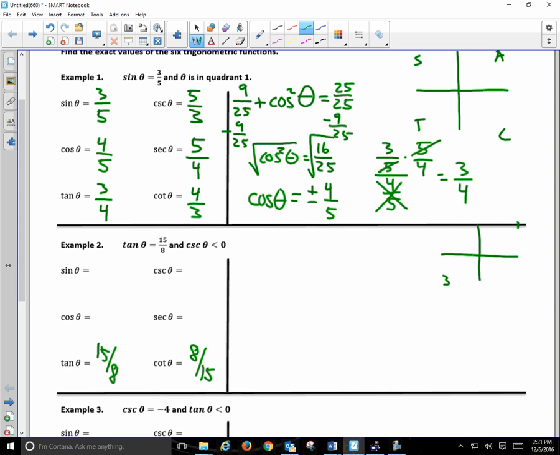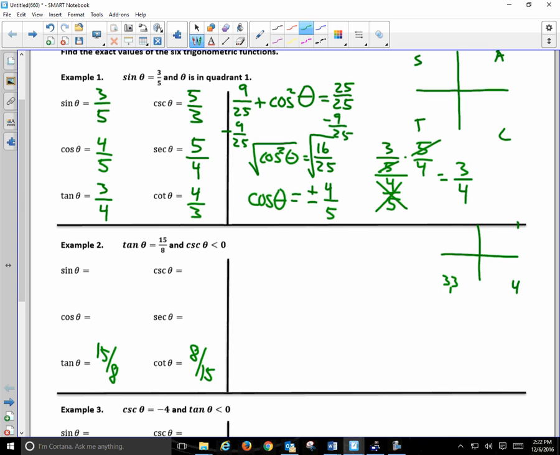It means you're negative. Well, cosecant is a reciprocal of sine. Where's sine positive? 1 and 2. All students take calculus. So sine is positive in the first and the second, so it's negative in the third and fourth. So which quadrant do both of them occur in? The third quadrant.